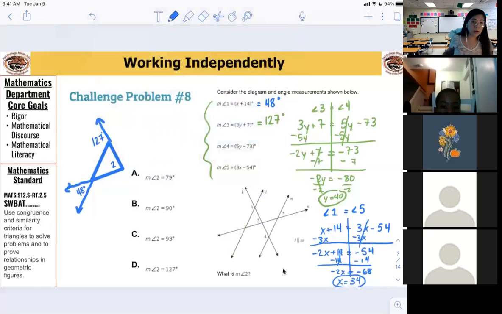And I'm getting really close. I need to figure out the value of angle 2 though. Now that I know angle 1 is 48, what else could I possibly fill in? Could you now fill in angle 2 since you know both of them?